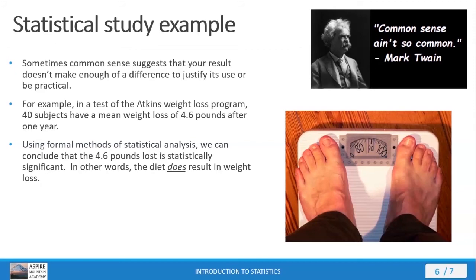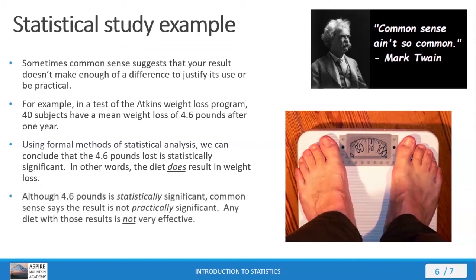I know I wouldn't. Although 4.6 pounds of weight loss is statistically significant, common sense says that result isn't practically significant. Any diet with those kind of results is clearly not very effective. So just because something is statistically significant does not mean it is practically significant.